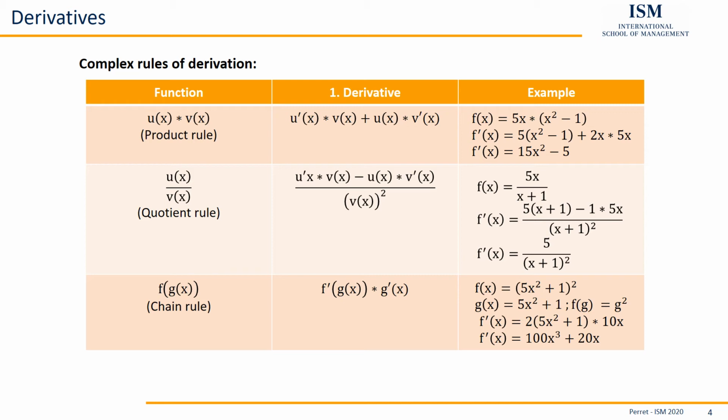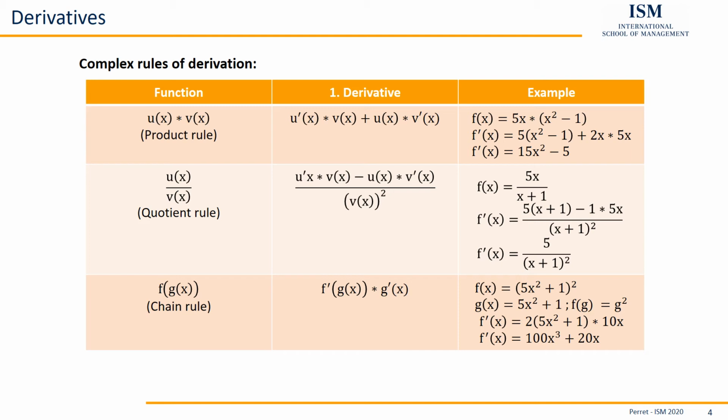So again, if I consider this for an example, I have here f(x) being equal to 5x divided by x plus 1. So first I derive 5x, that's only the 5. The denominator function x plus 1 stays as is. And then I have minus the 5x, the numerator function remains as is, and I derive x plus 1, which is only 1.